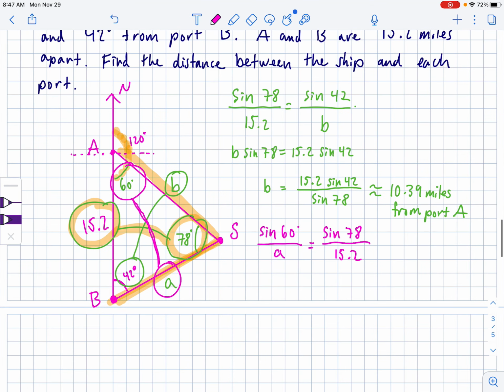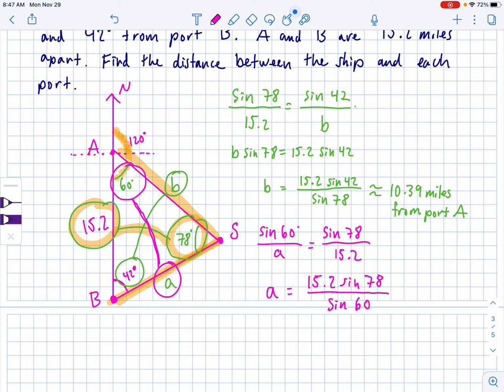Then you can cross multiply and divide again. So a is equal to 15.2 sine 78 all over sine 60. Then you do that in your calculator. Well, I want to go 2 decimal places. 15.2 sine 78 divided by sine 60.